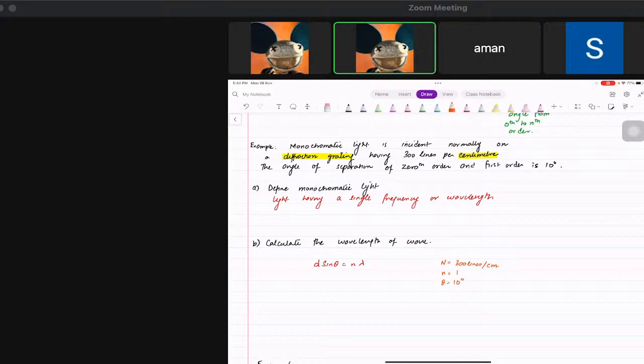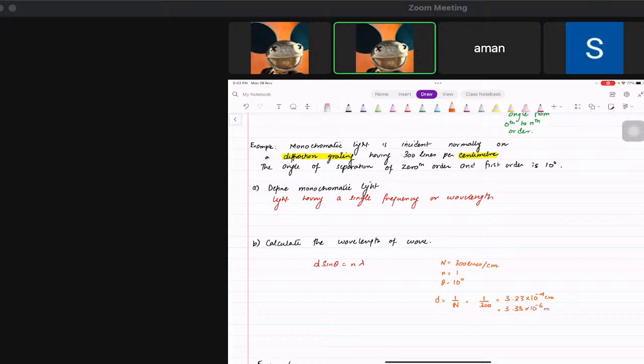That's the data we have. So first of all, we're going to find d. So d is equal to 1 upon N, so I'm going to just divide by 300. Whatever I'm going to get, the answer will be in centimeters, because that was in centimeters. So 3.33 times 10 raised to minus 4 centimeters. I'm going to change this into meters.